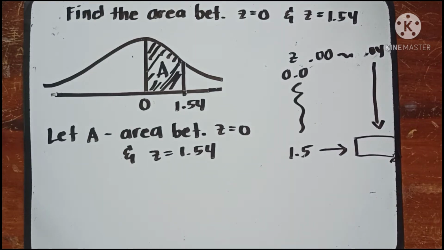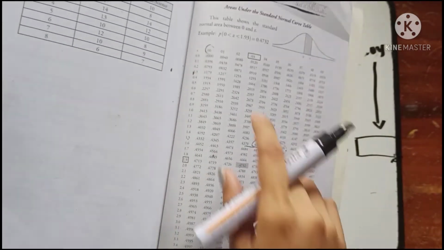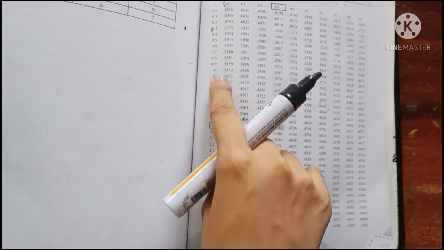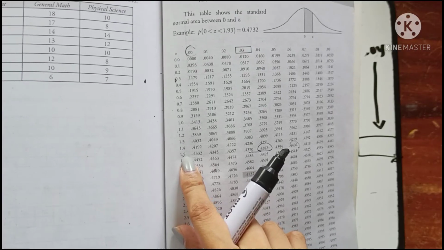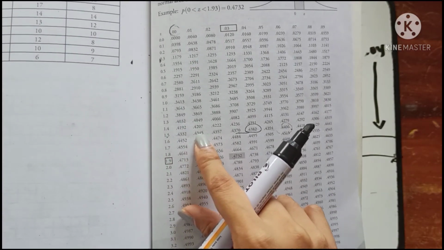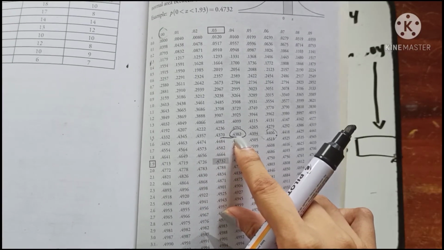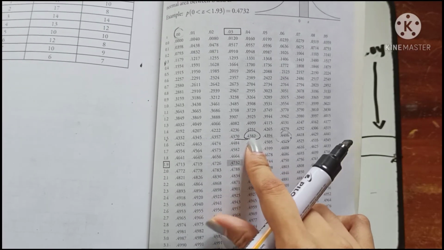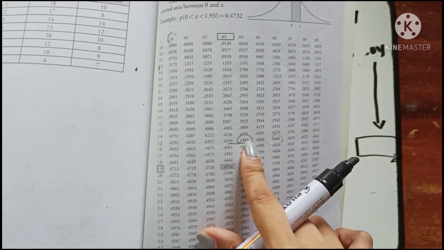So, using our table, hanapin lang po natin. Ayan. So, hanapin si 1.5. Okay? So, 1.5, 1.50, 1.51, 1.52, 1.53, 1.54. Okay? So, this is row for 1.5.